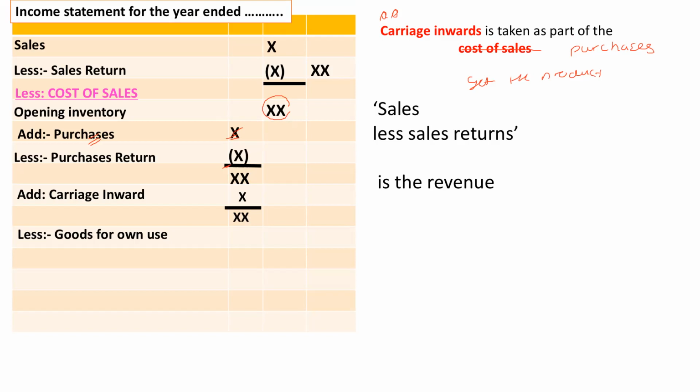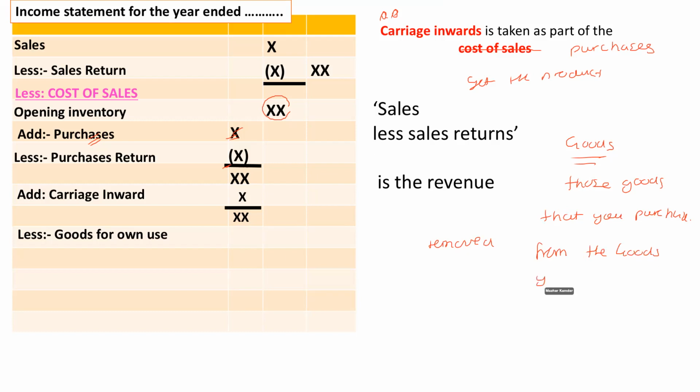Because the goods that you take for own use are those goods that you purchased, and now you're taking it for your own use. So goods for own use is always removed from the goods you purchased, because you're not going to sell these goods.